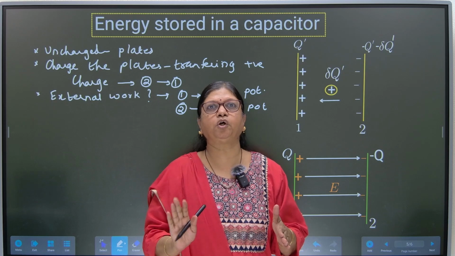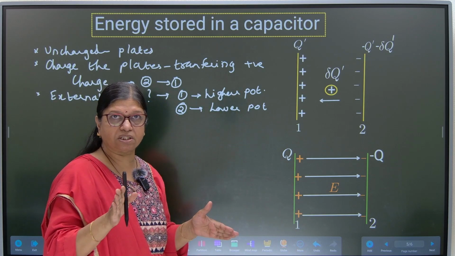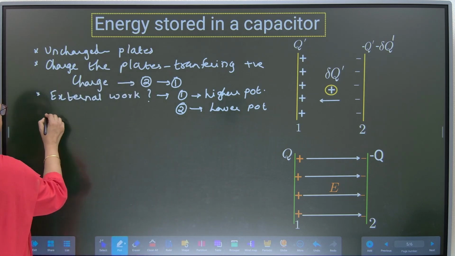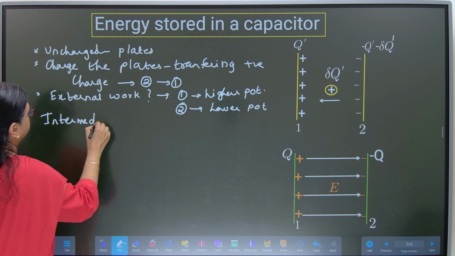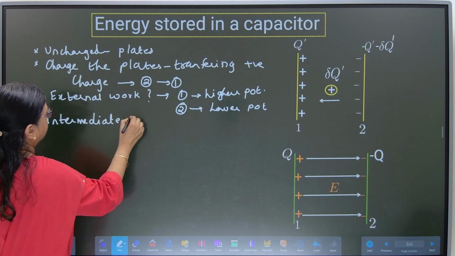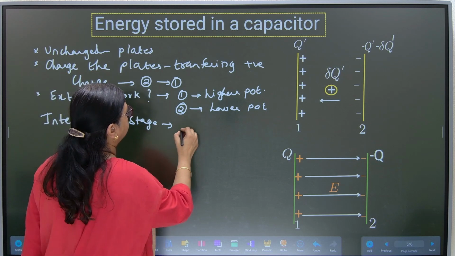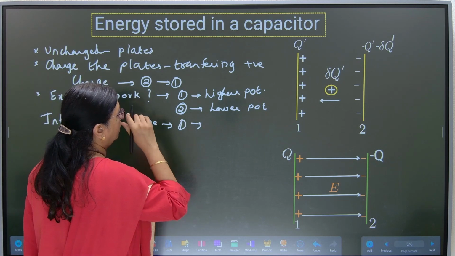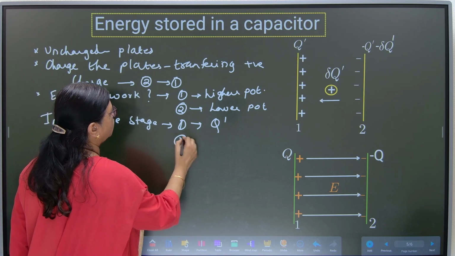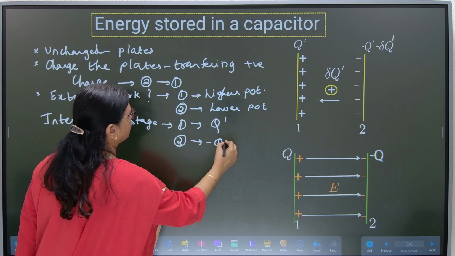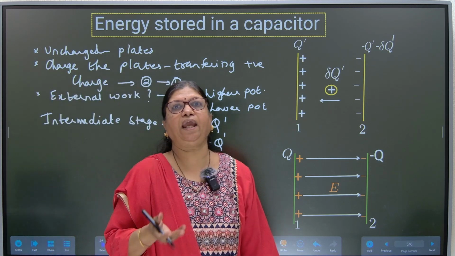Now, in this process, let us consider an intermediate stage. Let me write this intermediate stage. What is this intermediate stage? That the plate 1 is having a charge of Q dash and the plate 2 is having a charge of negative Q dash. What is our aim?